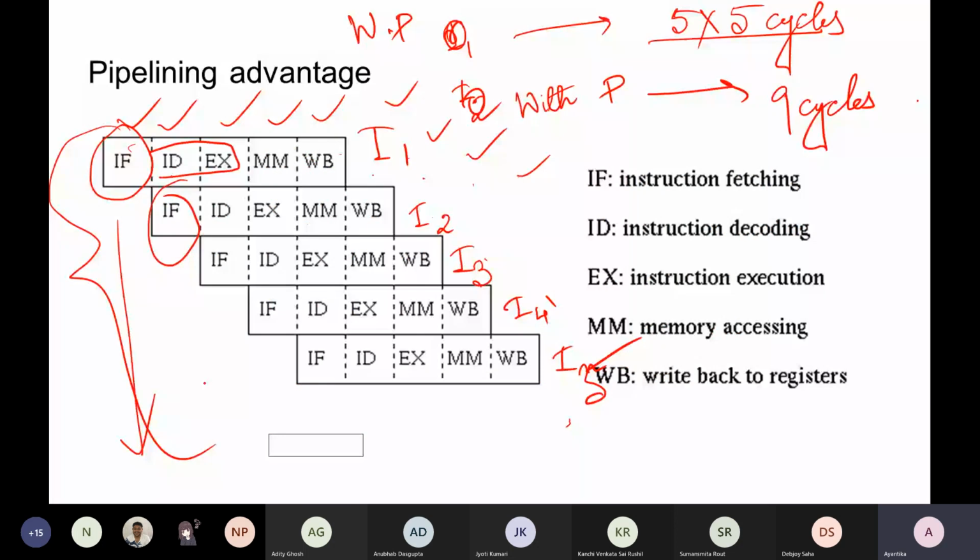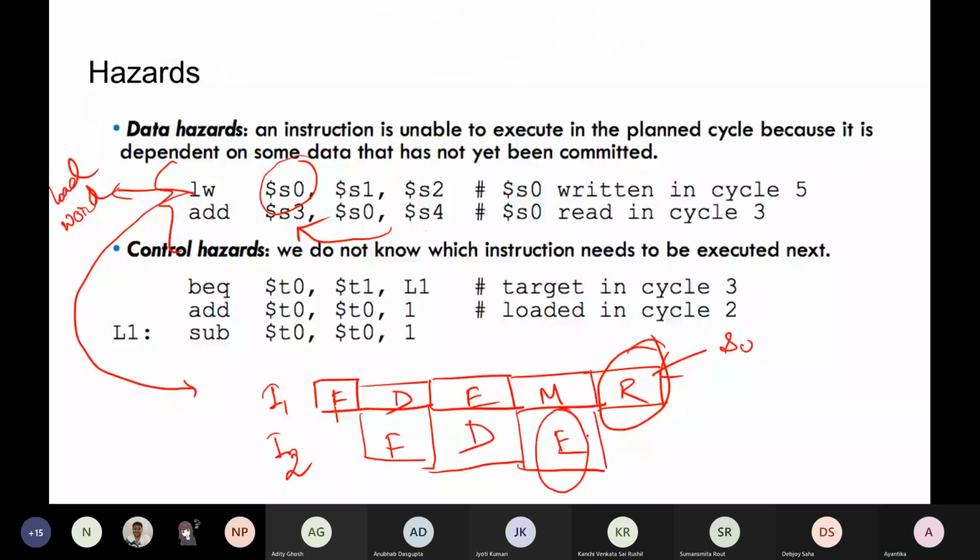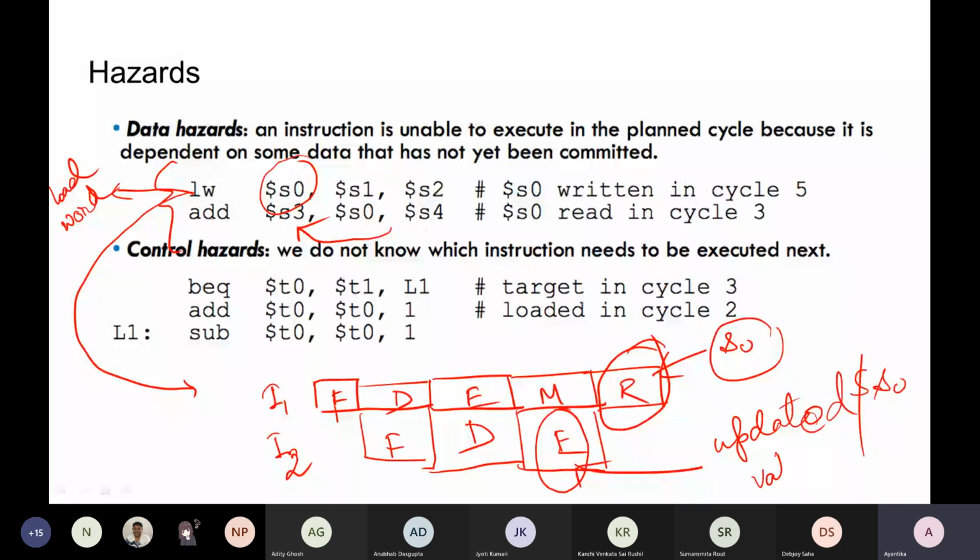This execution will not be done on some updated value. The updated S0 value is not ready yet. That means you are doing this addition on some old value.